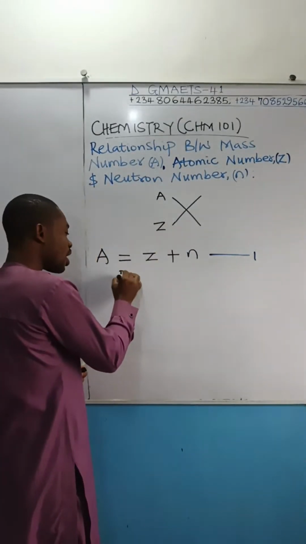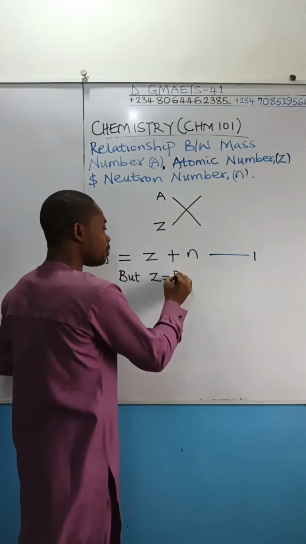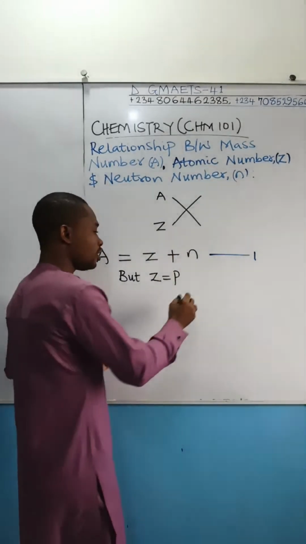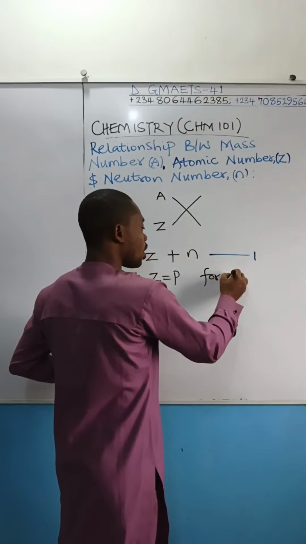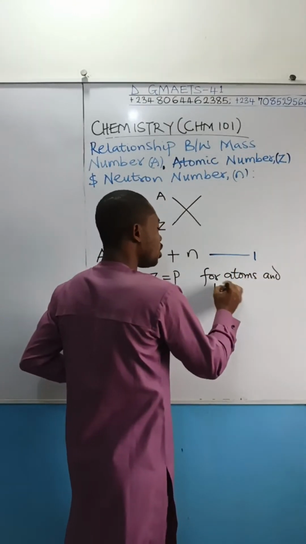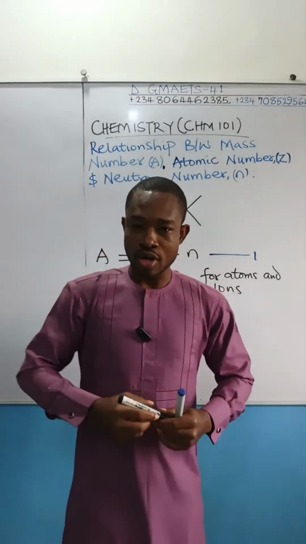So permit me to write that: Z is equal to proton number P for atoms and ions.